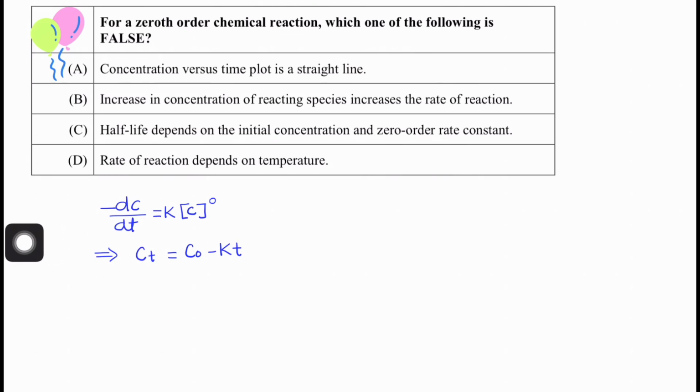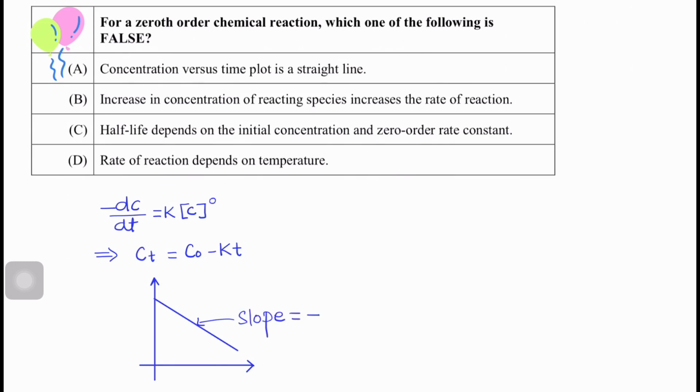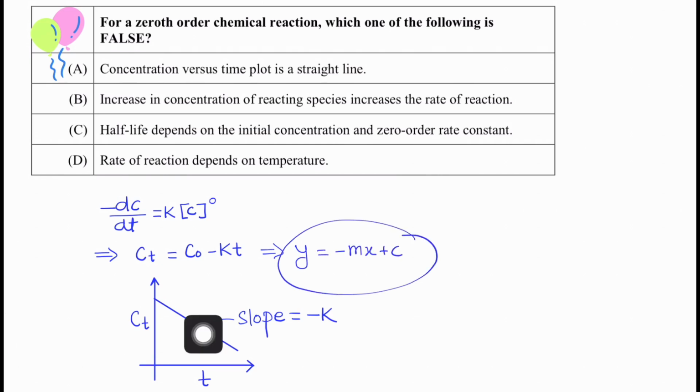If we draw the graph, that is Ct versus T, the concentration versus time, this graph is just a straight line with a negative slope, and it would look like this, where the slope will be equal to minus K. This is Ct and this is T. It is just like y equal to minus mx plus c type of graph, which has a negative slope.